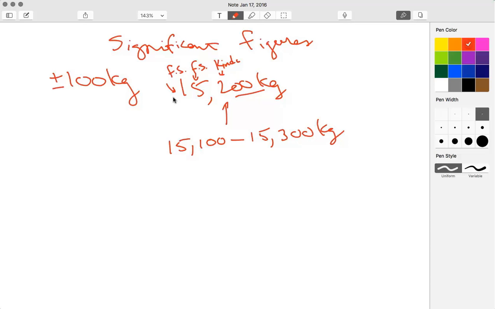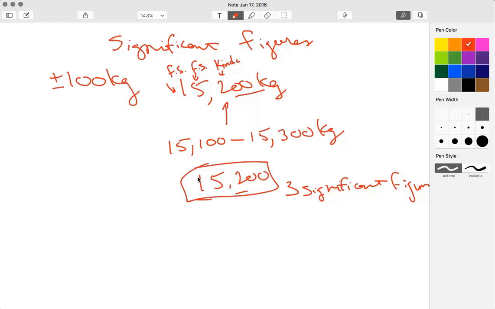And so the unit represented here, 15,200, we would say in this case has 3 significant figures. I'm just going to start writing SF in the near future. Only 1, 2, 3. And I'll give you some lessons on how to count those in a moment.